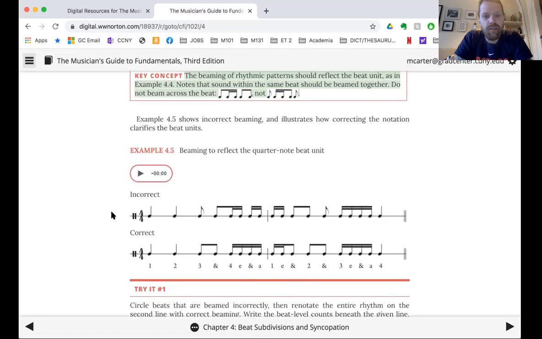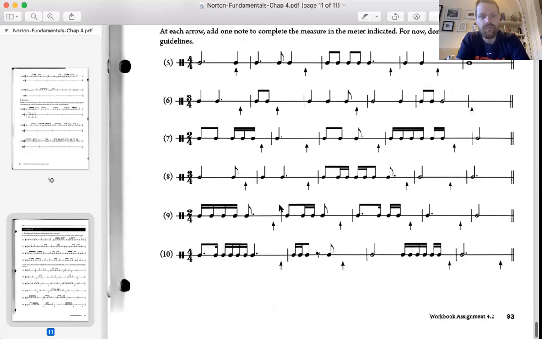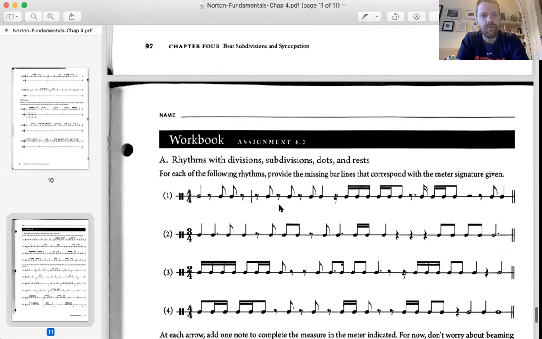Let's look at this example. In fact, I want to show you on the PDF here. Let me stop sharing this, this way I can draw on it. Here we go. Let me double check where this is.